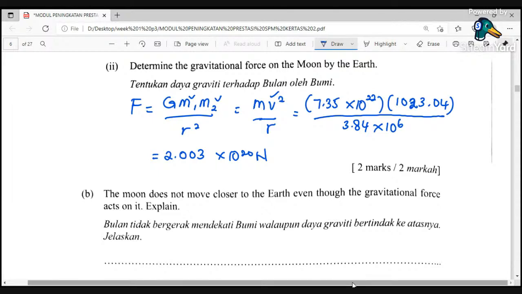There is a gravitational force acting, but at the same time, there is also centripetal force acting when the Moon orbits the Earth. Same magnitude, opposite direction, it's just like it becomes balanced. Okay, so we can say there's no net force that pulls the Moon towards the Earth. That's why the Moon does not move closer to the Earth, even though there is a gravitational force acting on it.